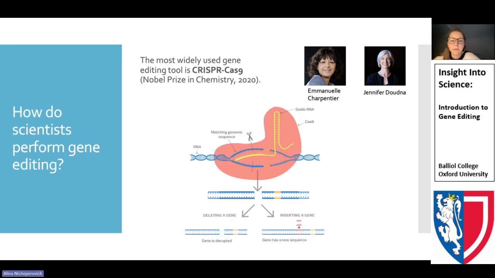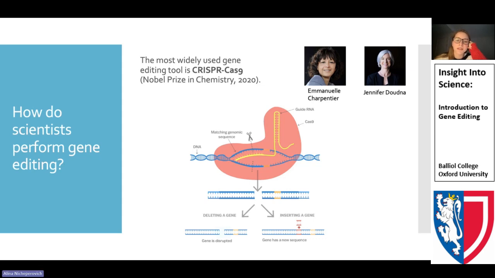And so the basic setup of this technology is a protein called Cas9 and a guide RNA. Cas9 is a protein called a nuclease that is able to cut DNA in very specific positions, while guide RNA, as the name says, guides this protein towards a certain sequence and enables it to cut it.